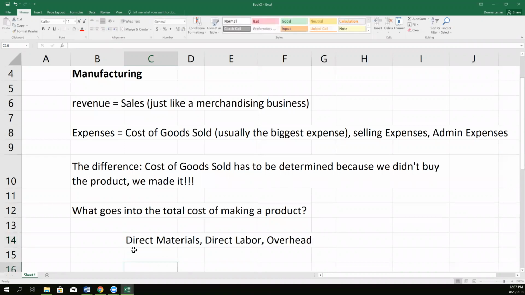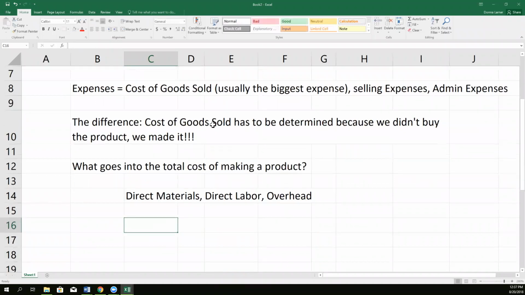So there are the three components that go into the cost of goods sold. Those three things together, if we could track them, that's what a whole book is about, trying to help us figure out how to track these so that we can come up with a cost of goods sold. We're going to do a real brief overview, kind of lay out the framework, but we're going to learn all the twists and turns as we go through the course.